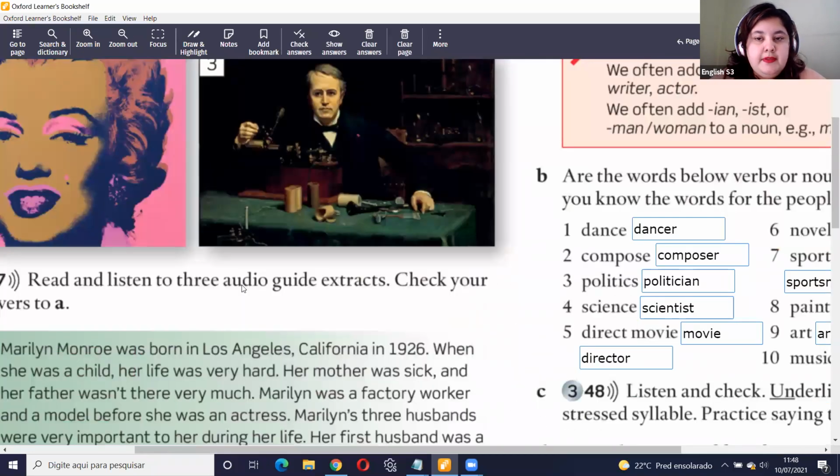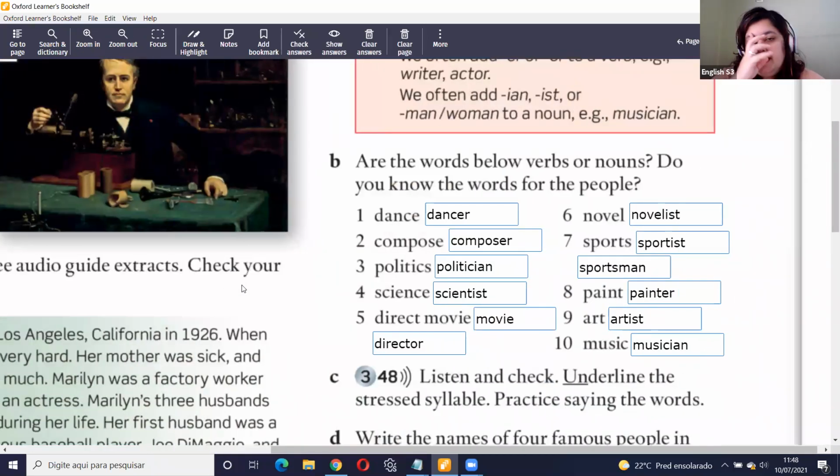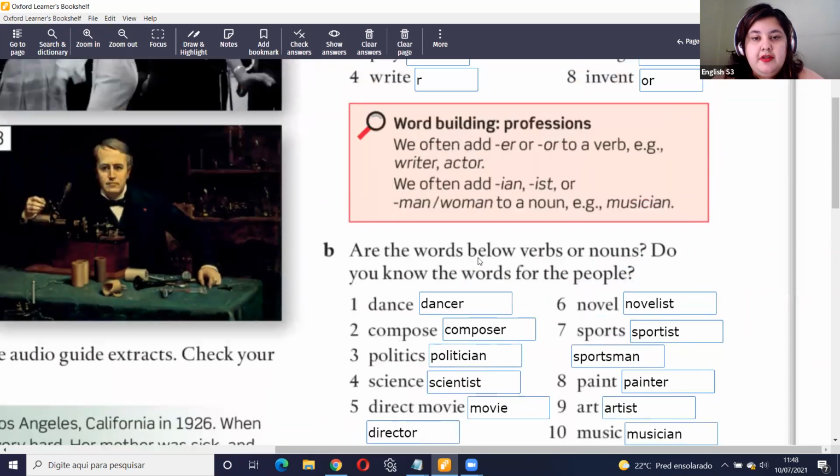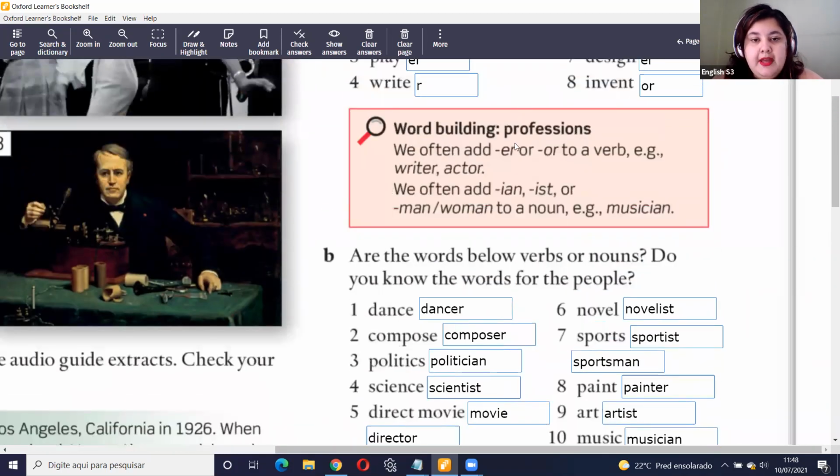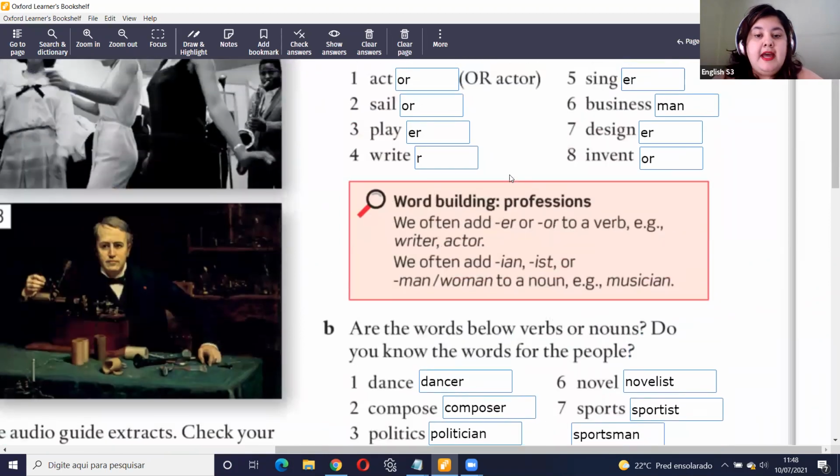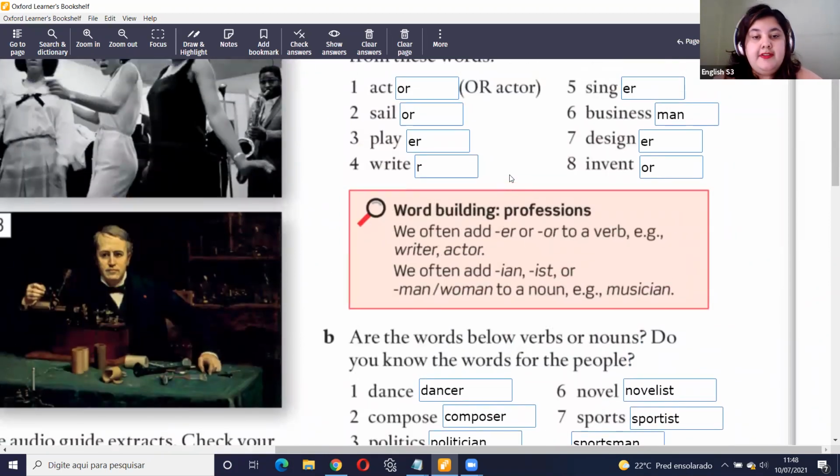And the other part, the vocabulary part here, was about making nouns. So basically here we often add er or or if it's a verb. For example, to act is a verb, so we say actor. To sail is a verb, velejar, so sailor.